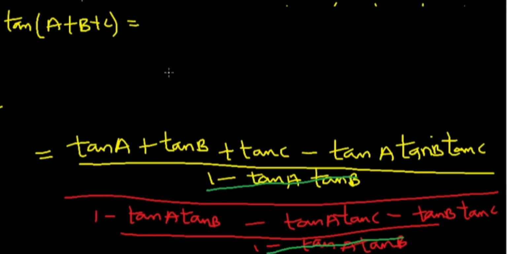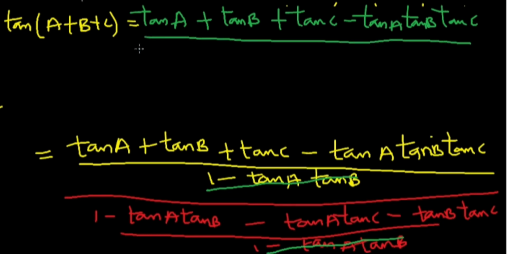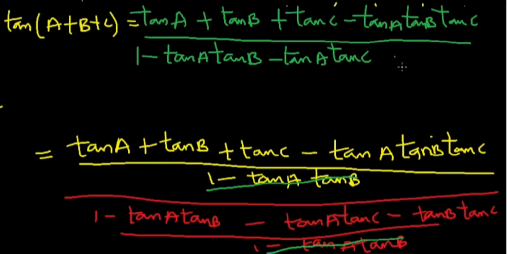So I'll have tan A plus tan B plus tan C, minus tan A tan B tan C, over 1 minus tan A tan B minus tan A tan C minus tan B tan C. And that is definitely what we are here to prove, and that is our final answer.